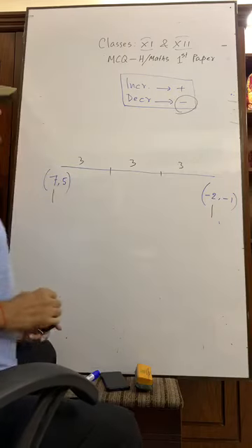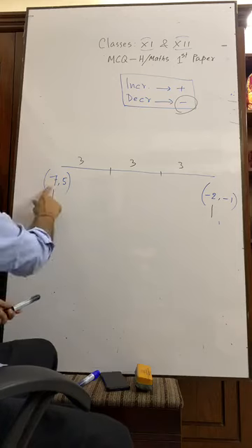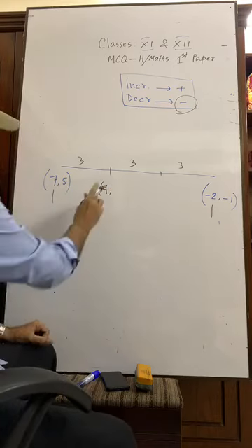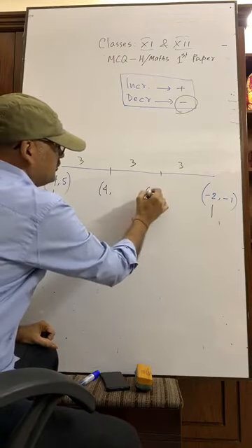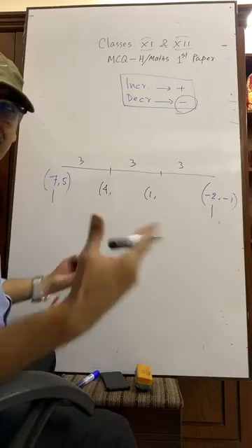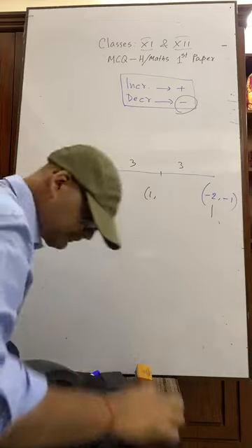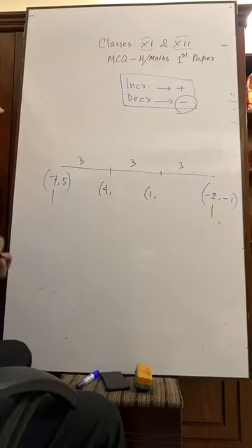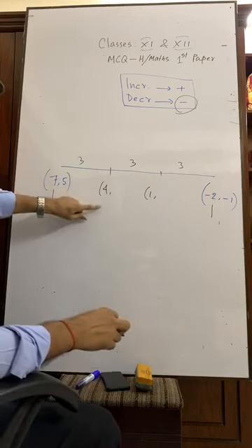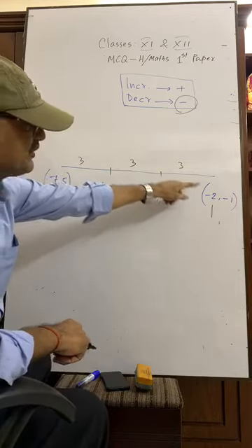So, 7 minus 3 equals 4. 4 minus 3 equals 1. 1 minus 3 equals minus 2.